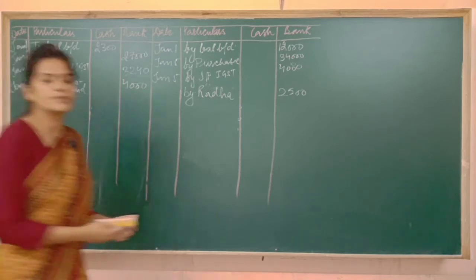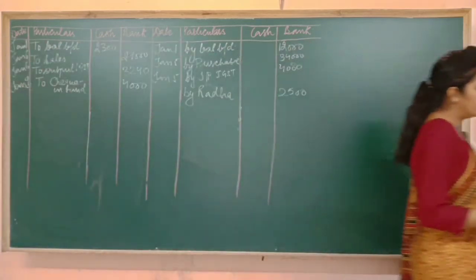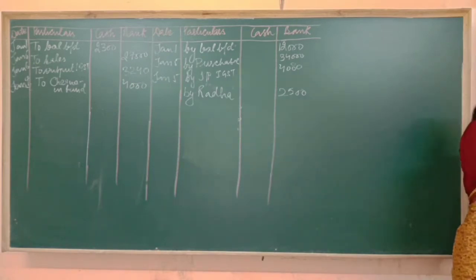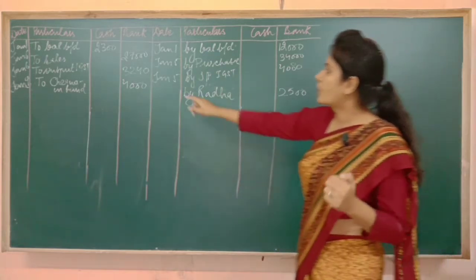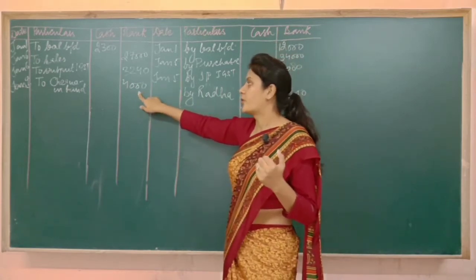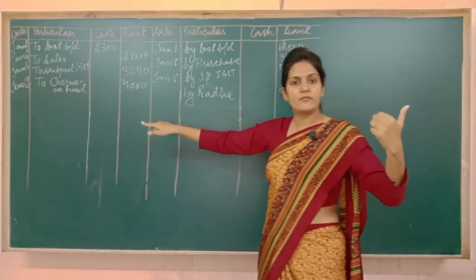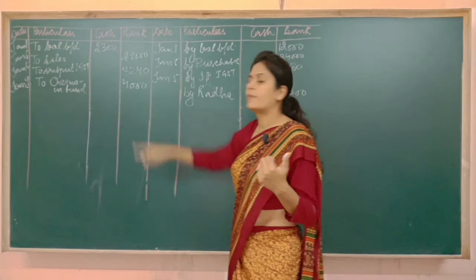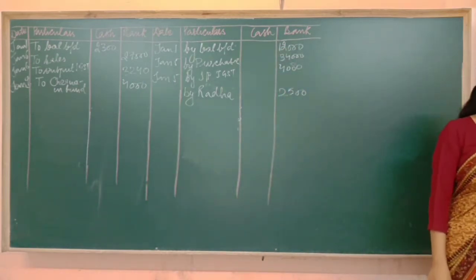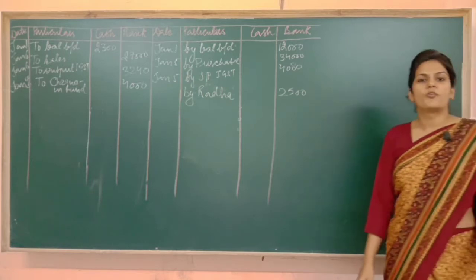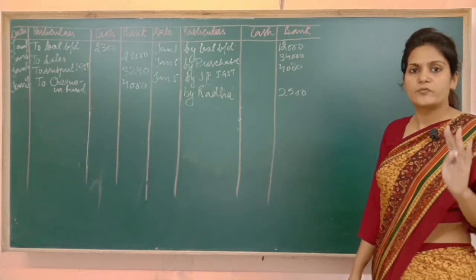Now read the next transaction. Next is S. Nair's check dishonored. Now you have received a check from S. Nair for rupees 4000. You received the check on 7th of January, deposited it in the bank on 9th of January, and now on January 15th the bank has dishonored the check. You know the concept of dishonor.